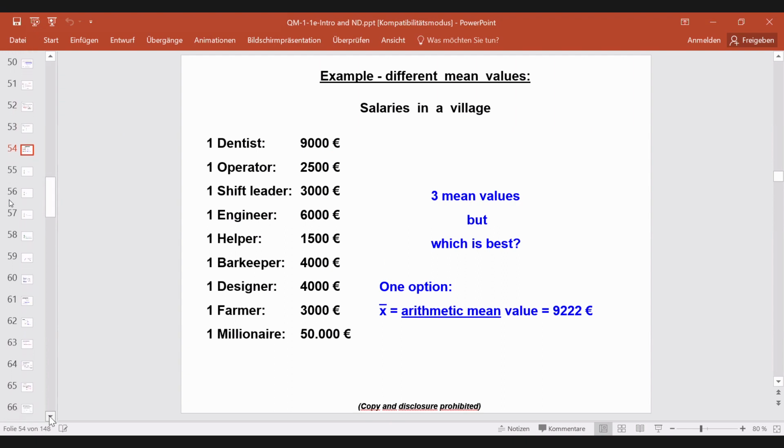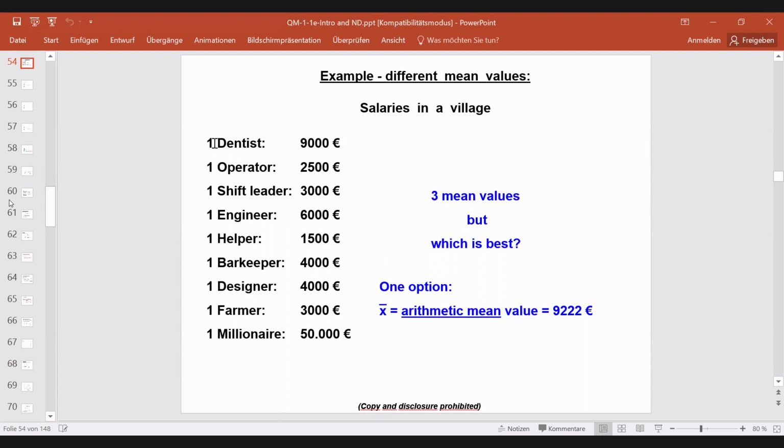I show this here in an example, and I'll show you which options you have regarding the mean value. In this example, you have the salaries in a village. So what does every person earn? How much money does a person earn in a village in a month?